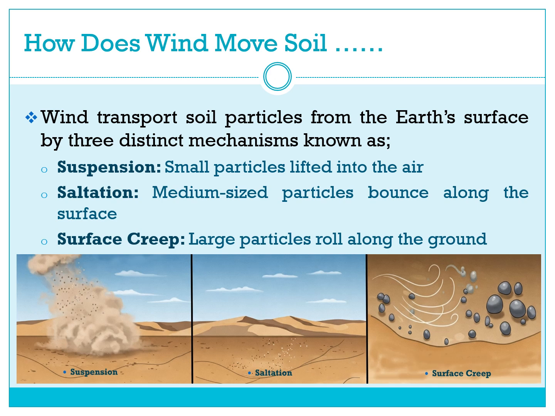Saltation, medium-sized particles, fine sand, etc., bouncing along the surface in short leaps. Surface creep, large particles like coarse sand or gravel rolling or sliding along the surface. The following picture clearly depicts the movement of soil particles by the wind.